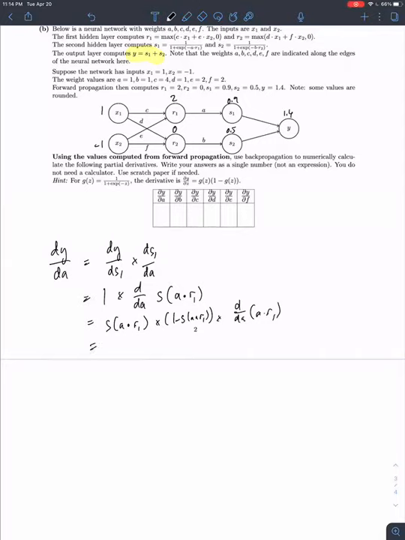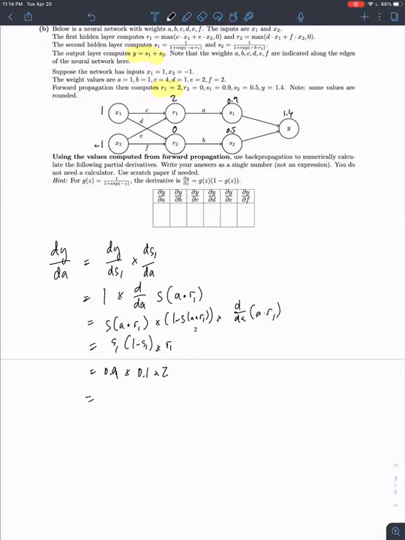Well, S of A times R1 is just S1, and 1 minus that is 1 minus S1. And d/dA of A times R1 is just equal to R1, right? So S1 is 0.9, 1 minus S1 is 0.1, and R1, we looked it up here, is equal to 2.